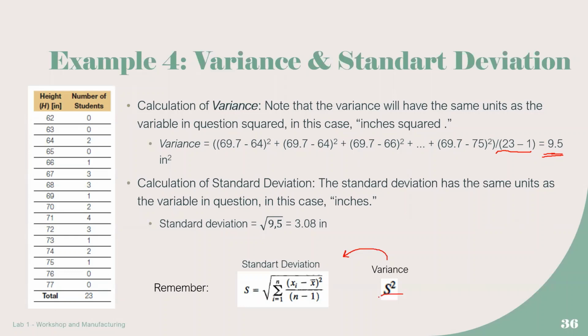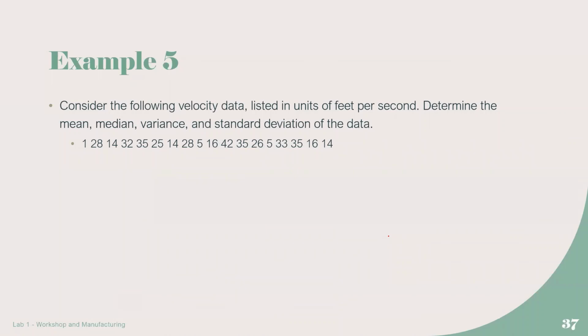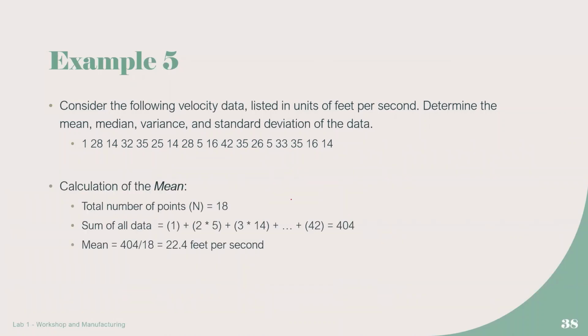Okay, this is variance, this is standard deviation. In example 5, I'm just going to leave it to you, but this is how you solve it. The same procedures go, just leaving it to you to solve on your own.